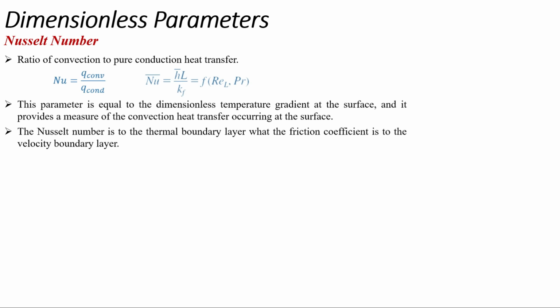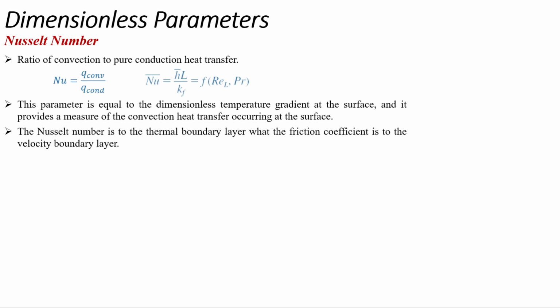This formula is exactly the same as that of Biot number, but Biot number determines whether the body is lumped or not, and Biot number is the ratio of conductive resistance over convective resistance, but Nusselt number is the ratio of heat transfer due to convection to the pure conduction.